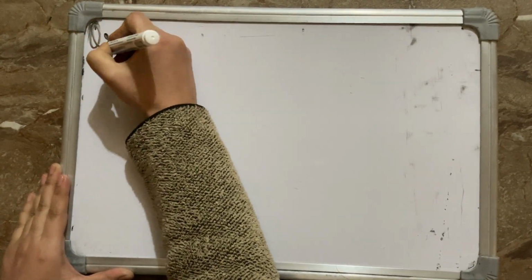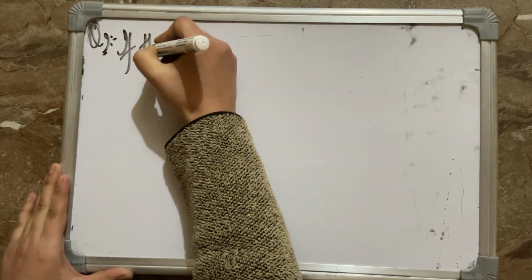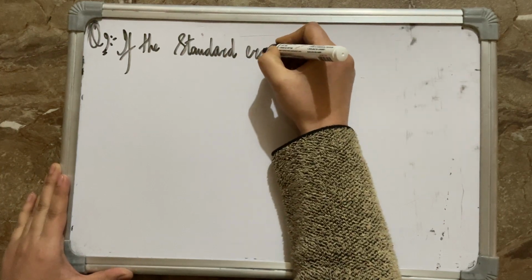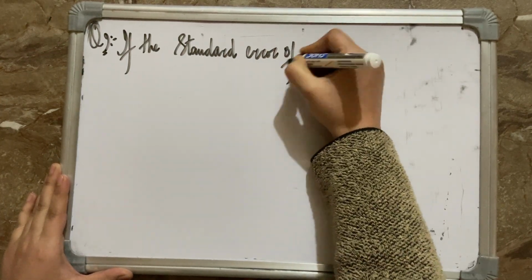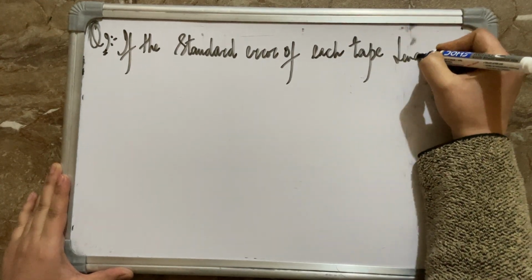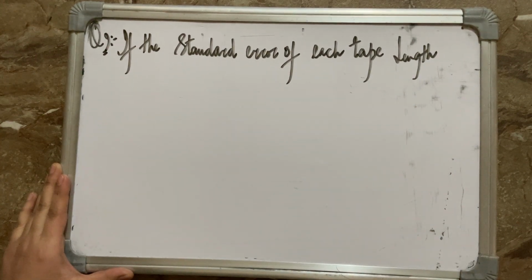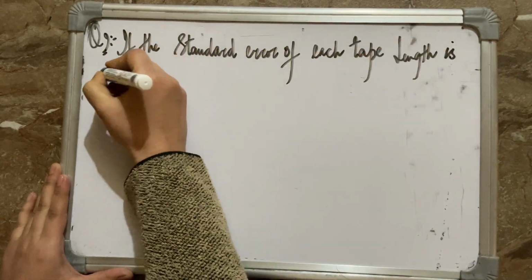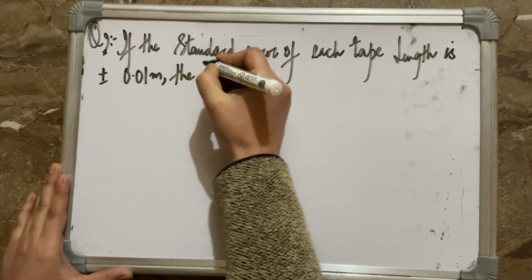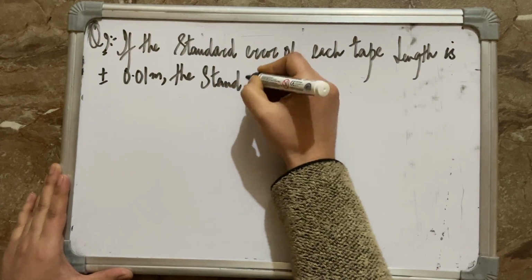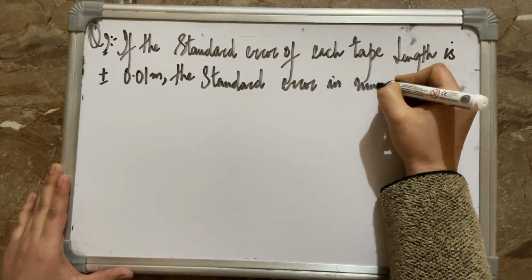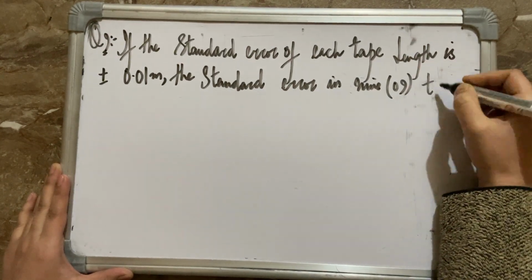Question number 9 is, if the standard error of each tape length is plus minus 0.01 meters, the standard error in 9 tape lengths will be?